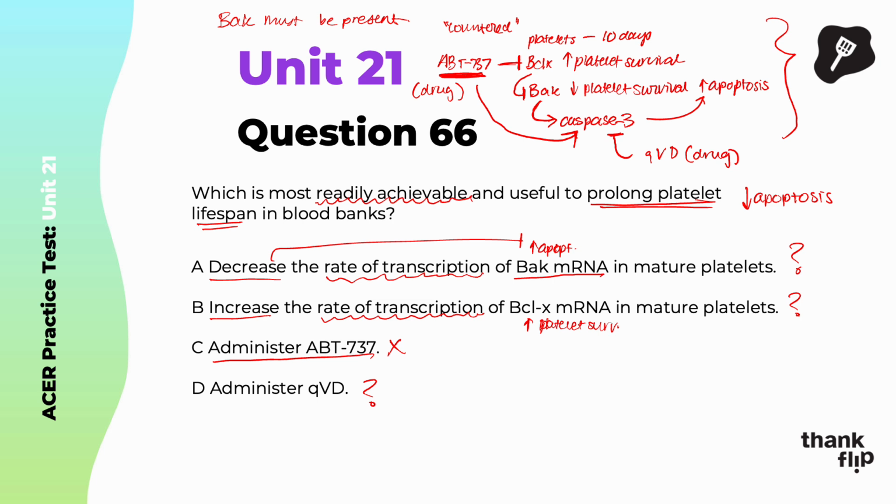It requires modification at the gene level, okay? And so these options are actually not very readily achievable in blood banks, right? This is not something that's achievable. However, this is just a drug that can be administered. You can just give this drug to a patient. And so this is quite readily achievable. So D is the correct option here.